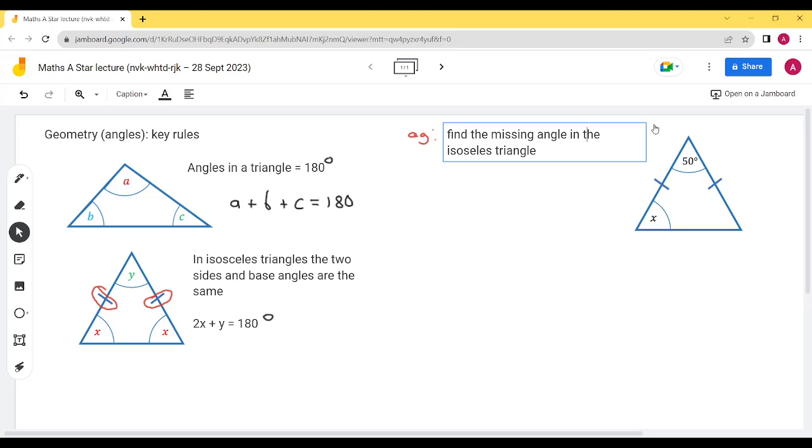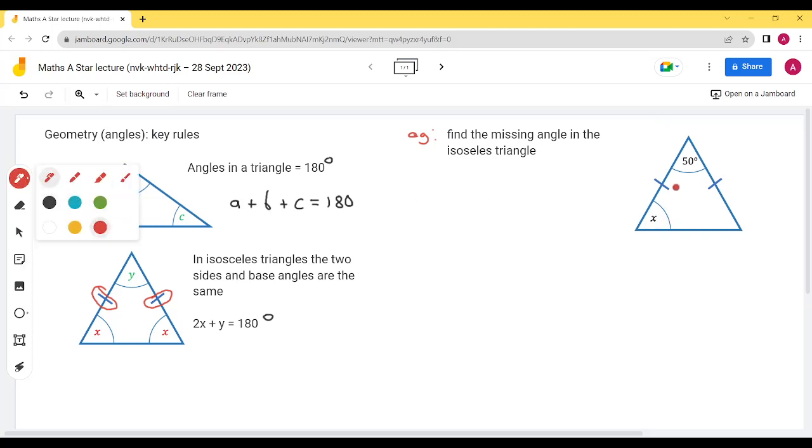Okay, so because we know it's an isosceles triangle, we've been told in the question, and we've got two lines here as well, we know that the two base angles, which are always the two angles below the lines, even if the triangle was the other way up, will be the same. So in effect, we know this angle here is also x.